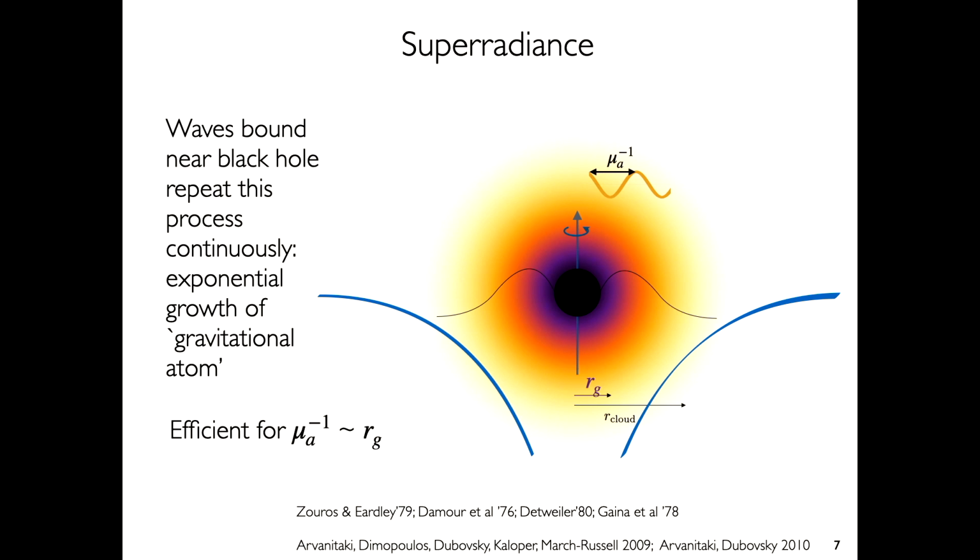Unless you're able to trap the wave in the vicinity of the black hole, which is what happens if the wave has a small mass, and that's exactly the regime we're in, where we have new particles that have a mass that creates a potential, just a gravitational potential without any further assumptions, around the black hole. And then you can localize these waves in bound states and repeat this process continuously so that the superradiant growth becomes exponential.